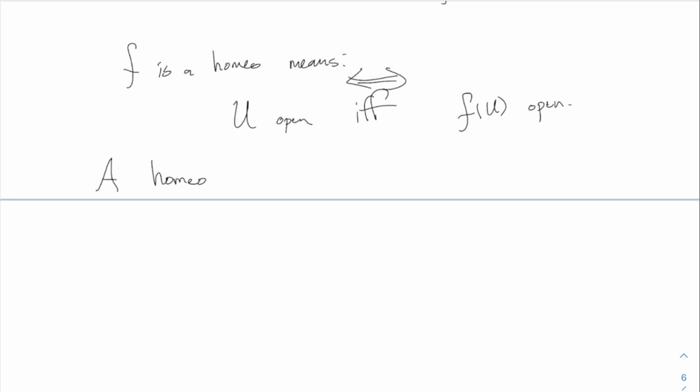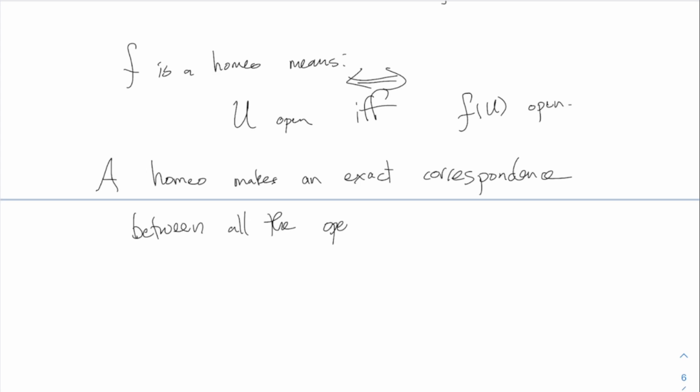But on a spiritual level, deep down in my heart, when I think about a homeomorphism, it just makes an exact correspondence between all the open sets in X and all the open sets in Y.